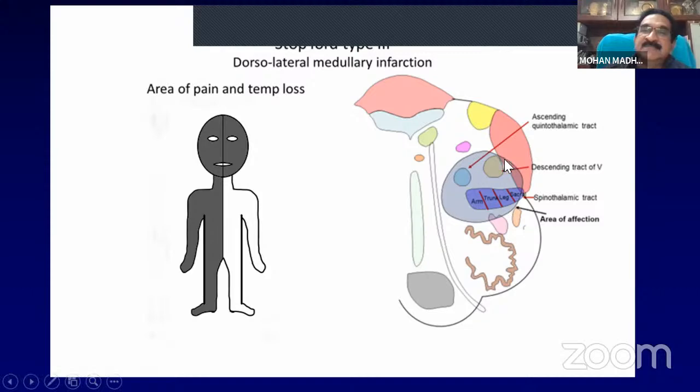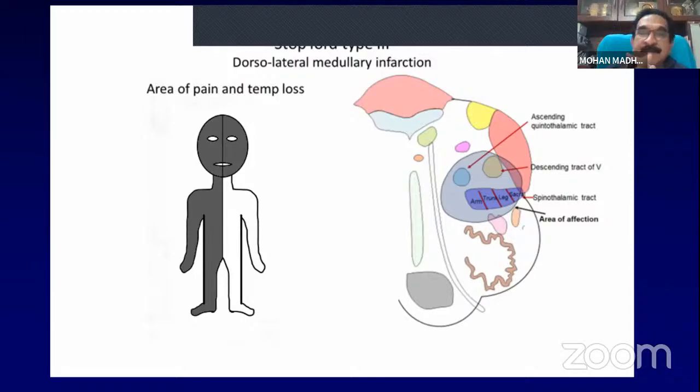Suppose the entire part is affected, you get the trigeminal nucleus affected, spinothalamic tract affected, you get a picture like this. So you get loss of pain on both sides of the face and the opposite side of the body. So in that case, one mistake we always do, we compare the pain loss from one side to the other. It should not be.